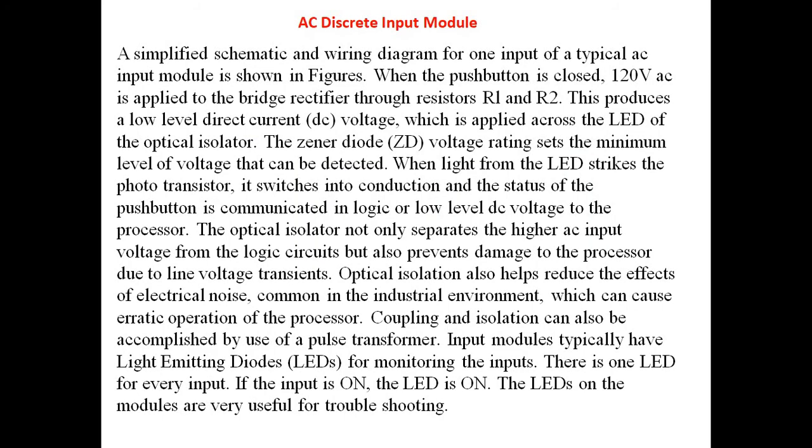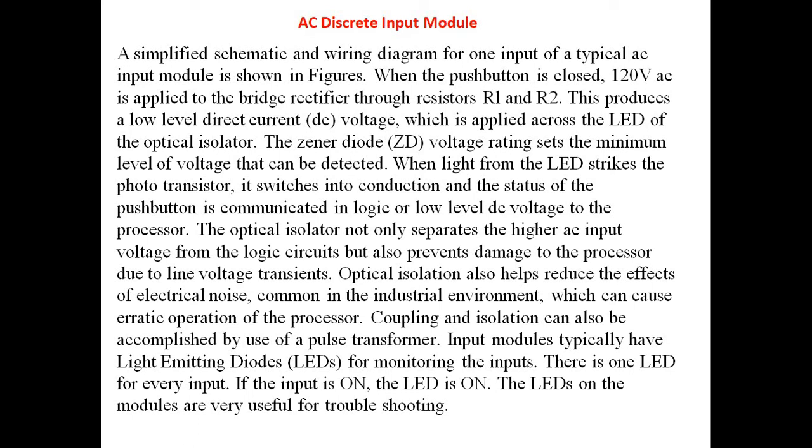AC discrete input module: a simplified schematic and wiring diagram for one input of a typical AC input module is shown in the figure. When the push button is closed, 110/120 volt AC is supplied to the bridge rectifier through resistors R1 and R2.